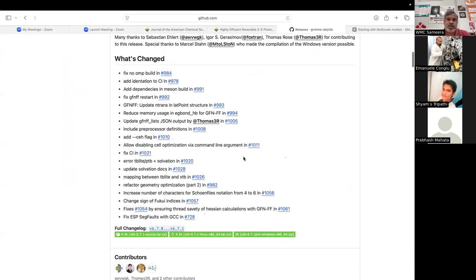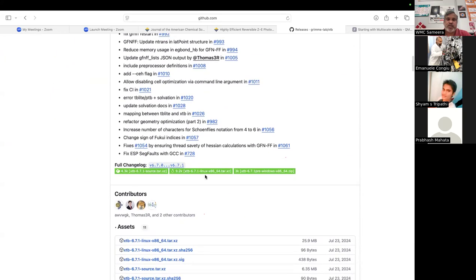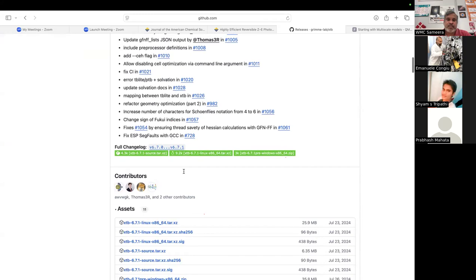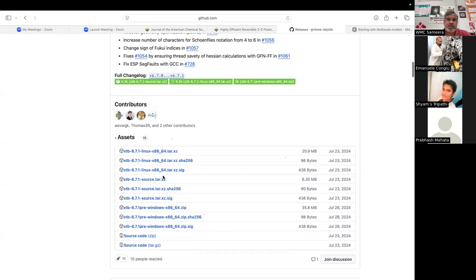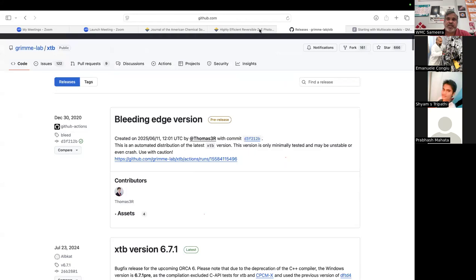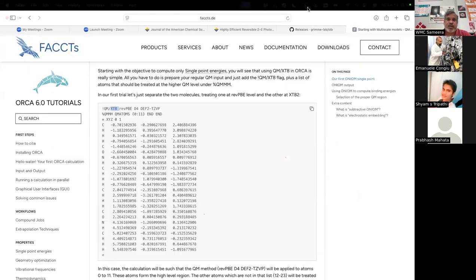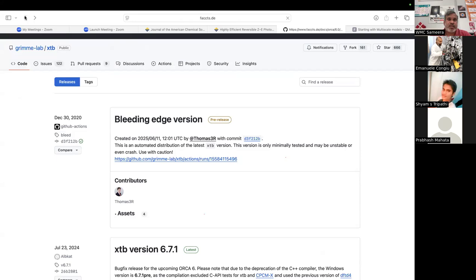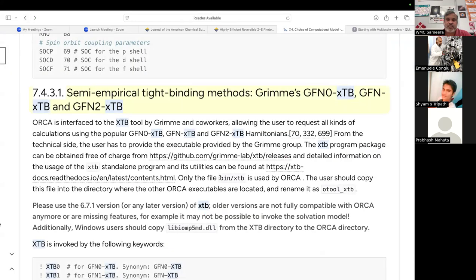This is the latest XTB version, so you can download the right version. I could not really see a Mac version, but they have Windows and Linux. If you take this one here, inside that directory, in the bin directory, you can find the XTB code.